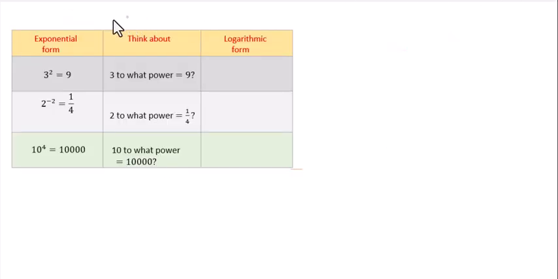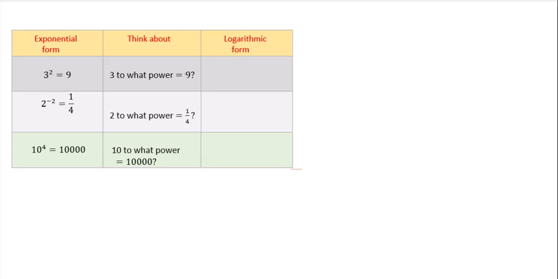In this exercise, we're going to convert exponential form or exponent notation to logarithmic form or logarithm notation. Here, guys, we are given the mathematical statement in exponential form. 3 to power 2 equals 9. And now I need to convert this exponent form into logarithmic form.